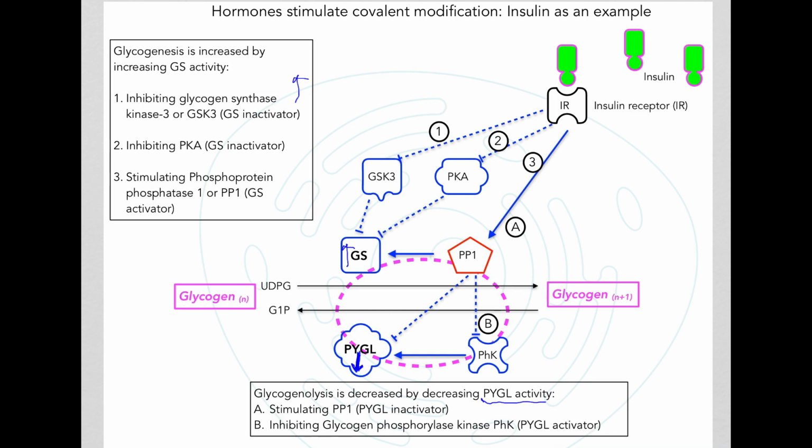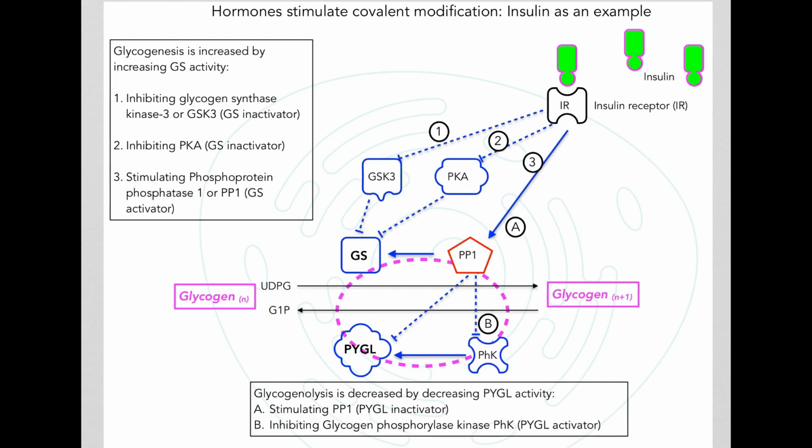There are two major mechanisms. One is by stimulating the inactivator of glycogen phosphorylase, which is PP1. So by stimulating PP1, and PP1 is an inactivator of glycogen phosphorylase, that is going to cause a decrease in the activity of glycogen phosphorylase, and therefore glycogen breakdown slows down.